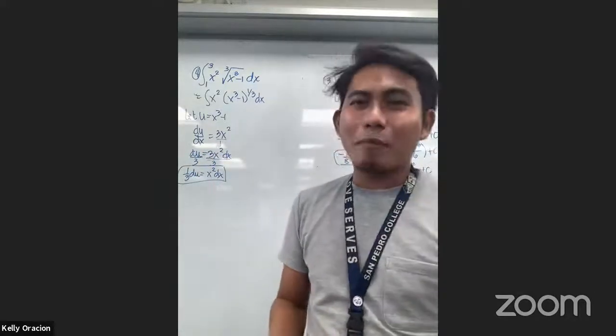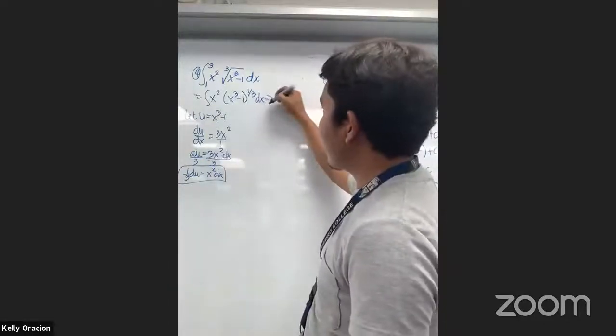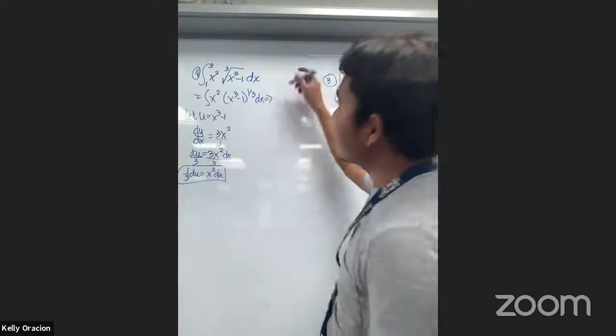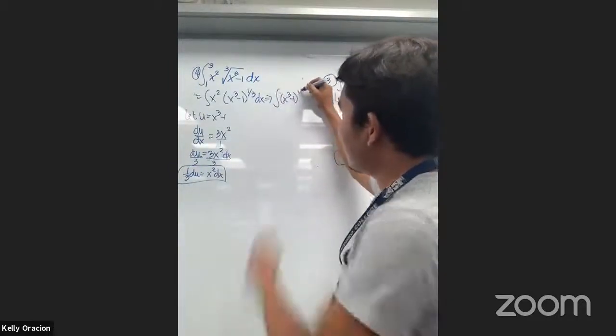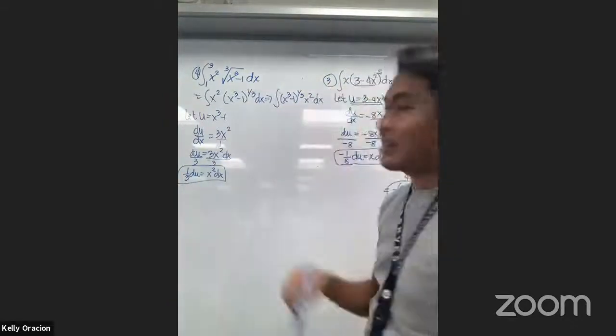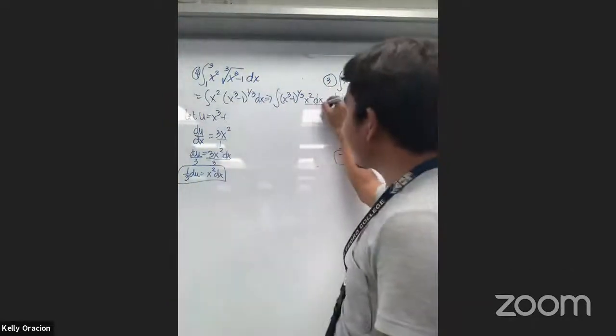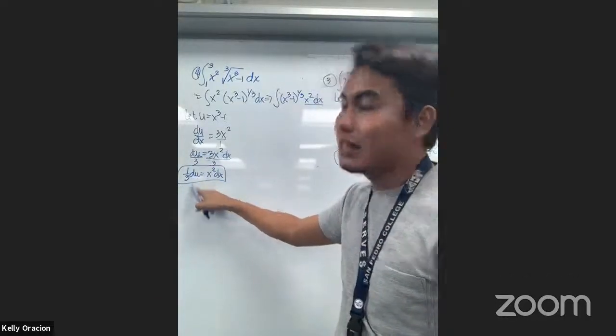Sir, why did x squared disappear when dividing? If you rearrange this, it is x cubed minus 1, and 1/3 x squared dx. Let's substitute that later.